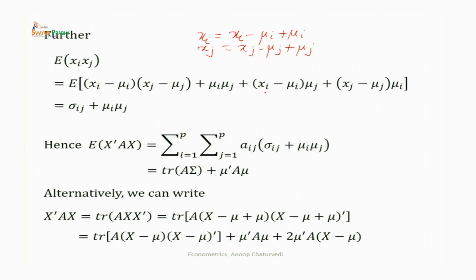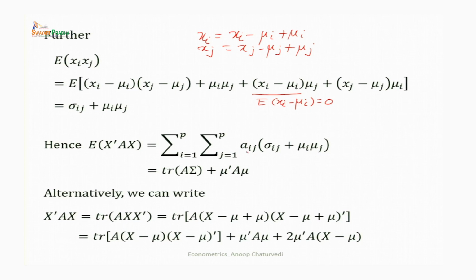Then expectation of x_i minus mu_i is equal to 0. Similarly, expectation of x_j minus mu_j is also 0. So, you get sigma_ij plus mu_i mu_j. Then expectation of x transpose A x is equal to summation over i, summation over j, a_ij.